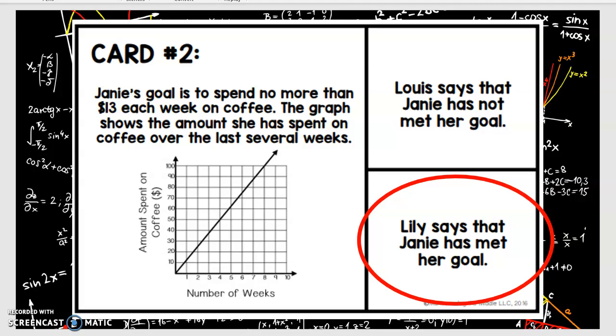This is proven by going to a pretty much perfect point. There's nothing on here that is absolutely perfect, but this one right here, 4 and 50, this one's pretty perfect. So I can say my change of y, 50, my change of x, 4, and I can divide that, and I'm going to get pretty close to 13, if not 13. Okay, so Lily is correct on this one.